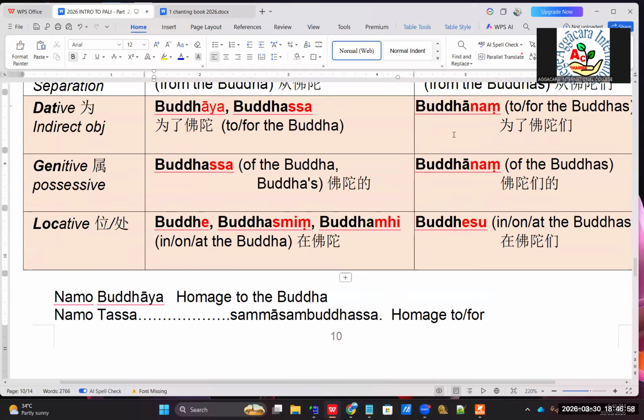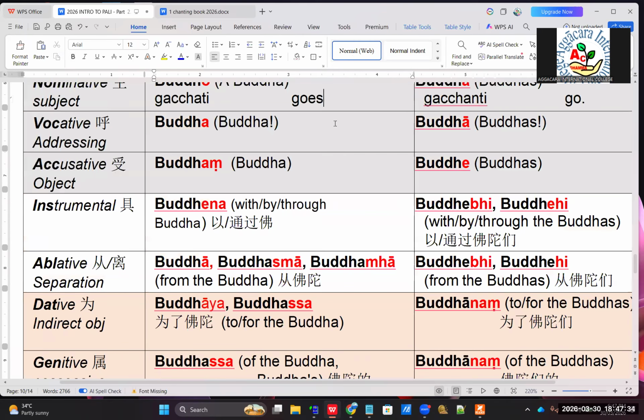And locative will be Buddhe, Buddhasamin, Buddhamhi, Buddhesu. Every time you see like Jetavanasmin, the smin marks a place: in, on, at. Buddhasmin or Buddhamhi, and Buddhesu is plural: in, on, at the Buddhas. Any question so far?